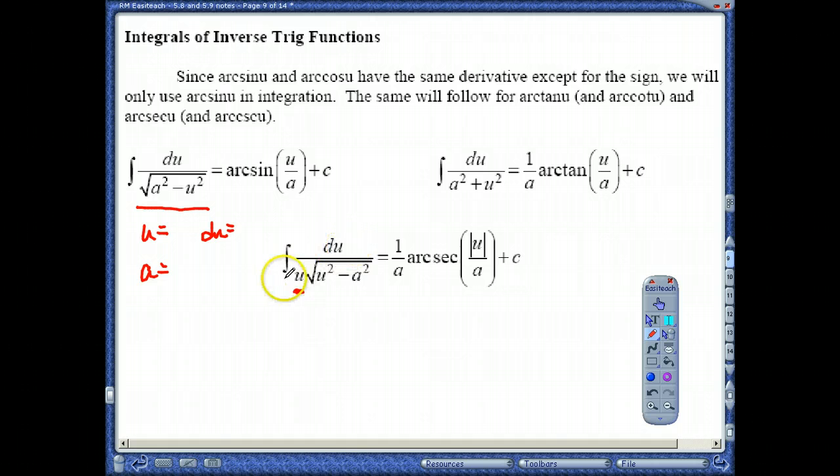The exponential canceled out, so you didn't actually see this in your answer. So don't let this be the indicator of your secant. Let this be the indicator. Okay, so you're looking at where your variable is. Is it negative? It's sine. If it's positive, it's secant.